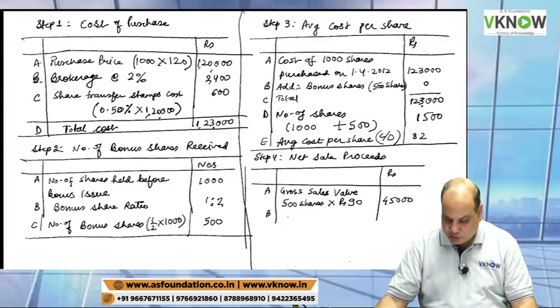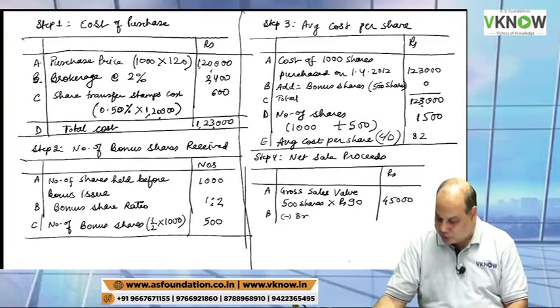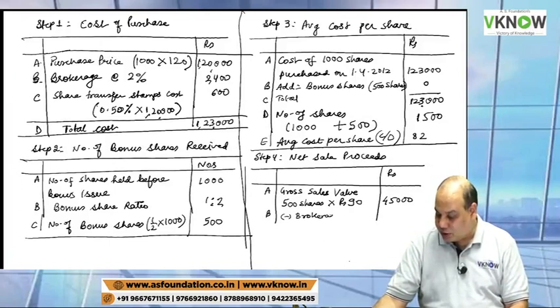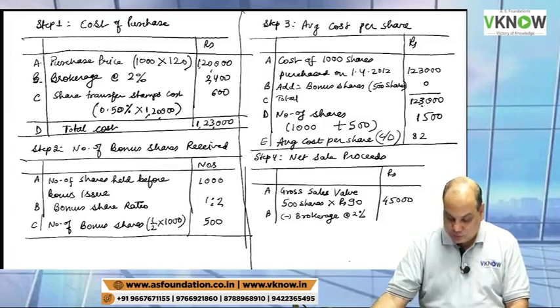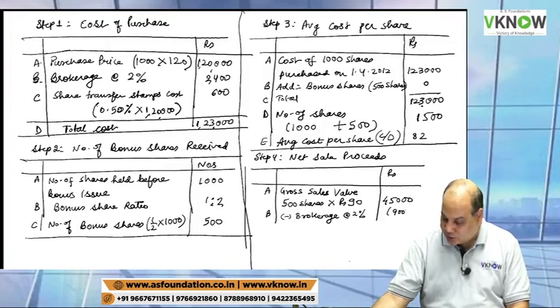So this comes to 45,000 less brokerage. At the time of sale also you have to pay brokerage at the rate of 2%. So brokerage at the rate of 2% is 900.